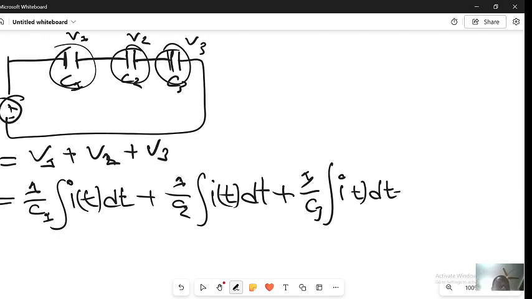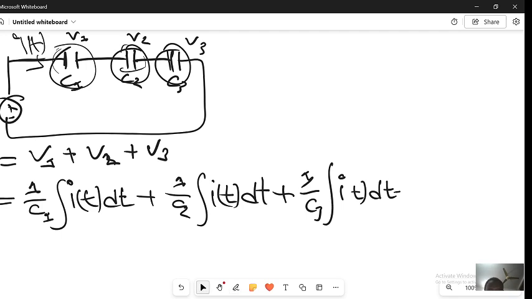Now no need to say I1, I2, I3. Why? Because the same current will flow. They are in series, the same current will flow. The current flows here, the same current flows here, the same current flows here. Same currents.